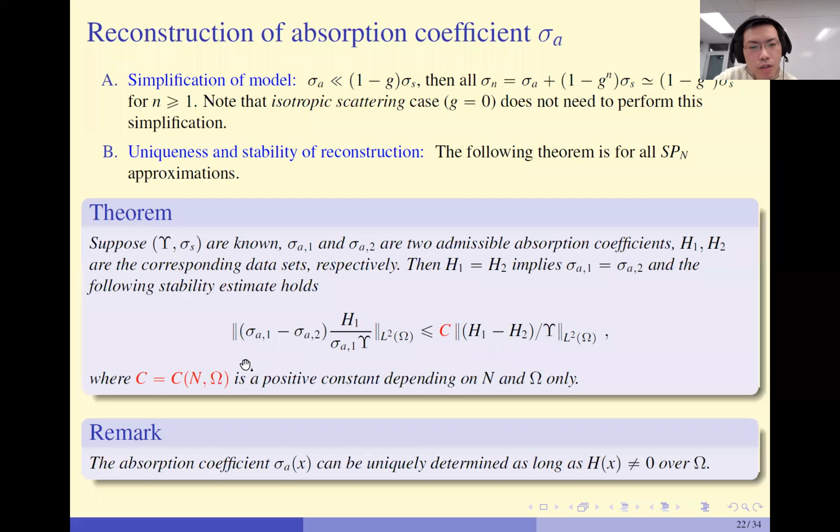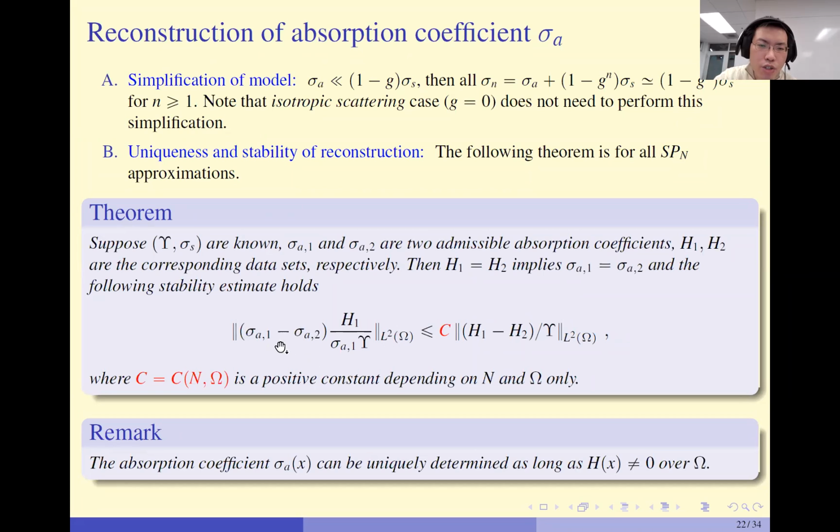So for these results, I want to emphasize that because previously I've mentioned, if these two coefficients are known, we already know that for the transport model, which is not the SPM approximation, for the transport model alone, we can show that we already can reconstruct this absorption coefficient, but only for the weak scattering case, because there's a perturbative argument there.